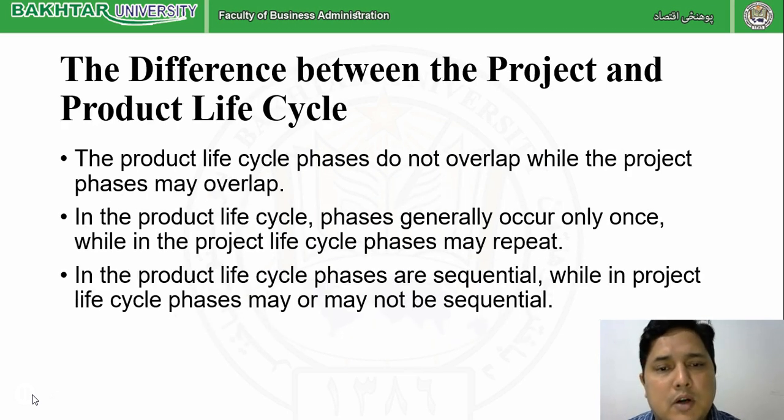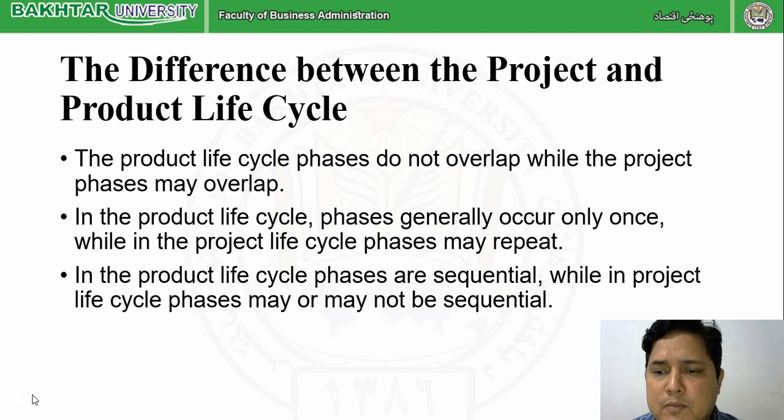Another thing, the product life cycle phases do not overlap. When the introduction has been completed, it moves to growth. When growth has been completed, it moves to maturity. Then after maturity, decline, and then the product is completed. But sometimes we have seen, not always, that when we are doing the initiating stage of a project, we are also doing monitoring and control, so the third and fourth started together.